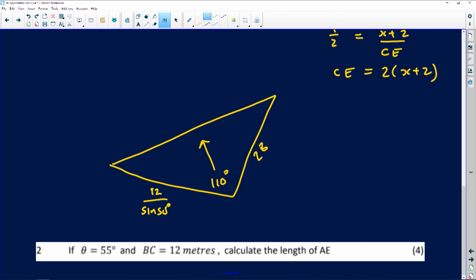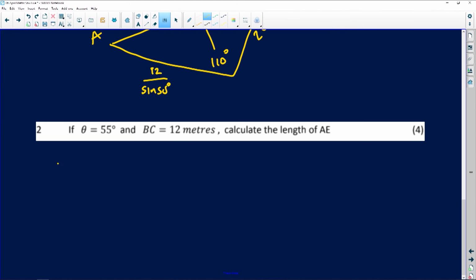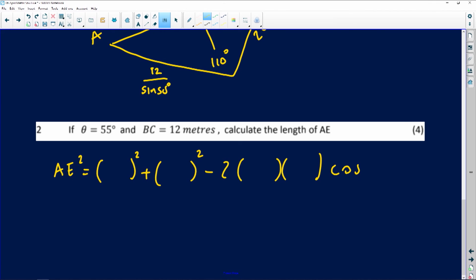The cosine rule says the side of the triangle that you're looking for, AE, is always going to be given by the following. AE squared will be the first side squared plus the second side squared minus 2 times those two sides, and then the cosine of the angle between them. And the angle between them is simply 110 degrees.